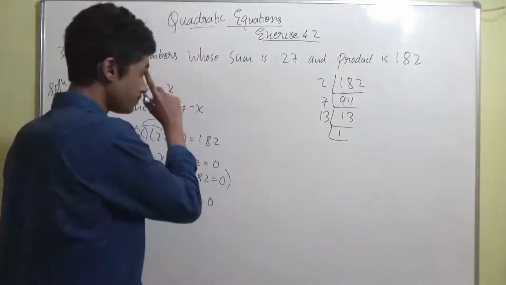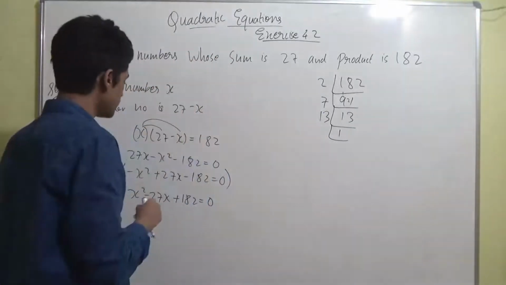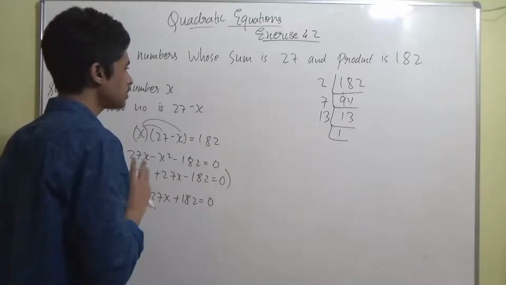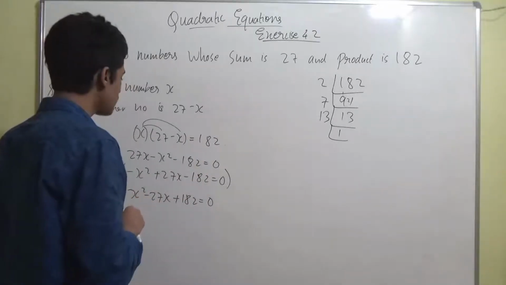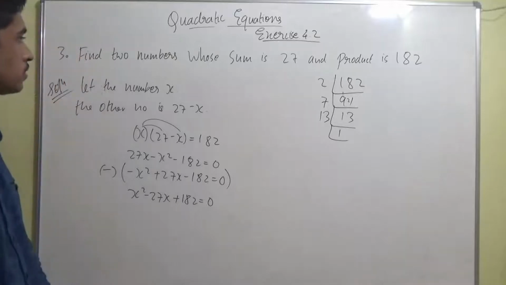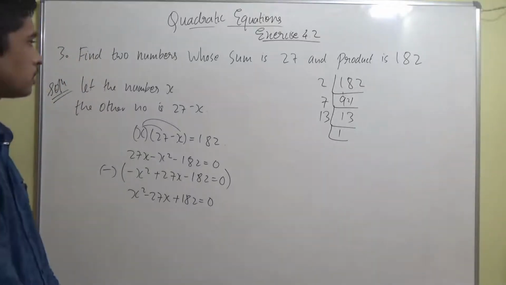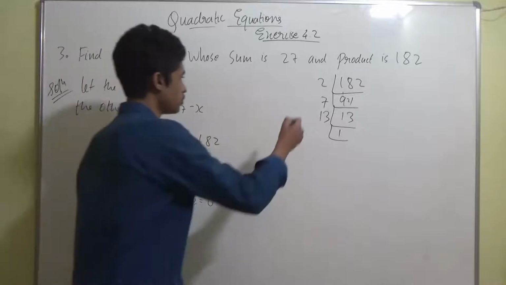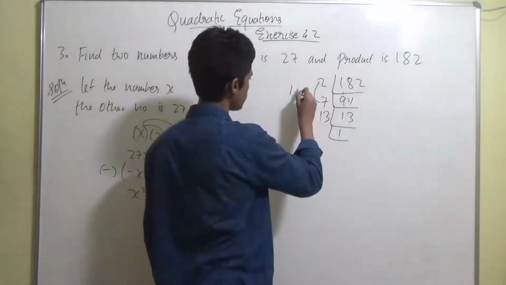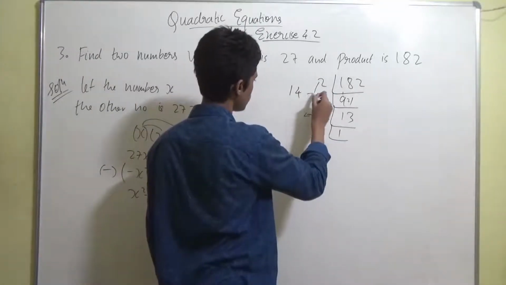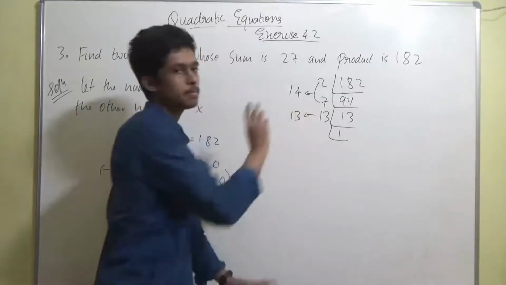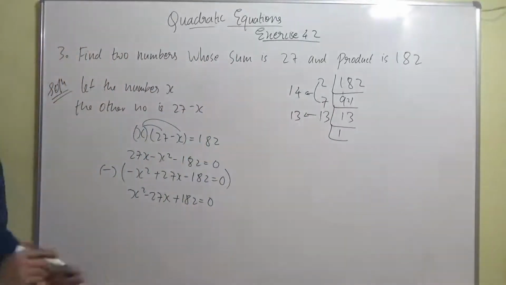Now we have to club them in such a way that their sum is going to give us 27, right? Okay, I'll club these two first. 2 into 7 is 14 and this is 13 alone. Now if you see, 13 plus 14 is 27, as simple as that guys.